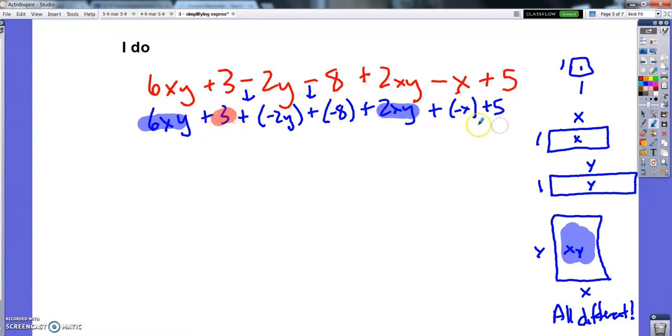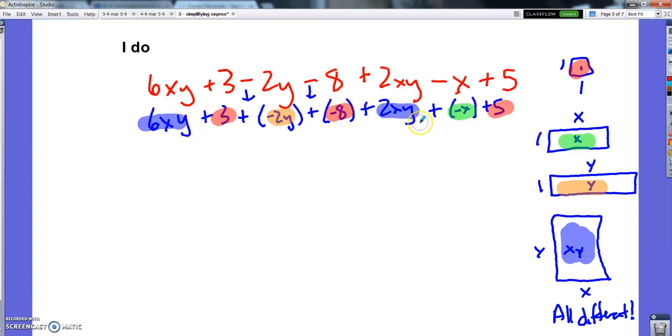My 1's are going to go with my 1's, this kind of block. My y's, I don't have any other y's, that kind of block. And my x's by themselves are going to go with other x's by themselves. I don't have any of those either. So these are my like terms, my xy's, my x's, my y's, and my 1's, so I have 4 different things, and I'm going to have 4 different after I combine.